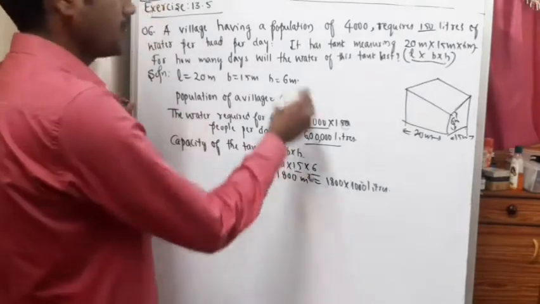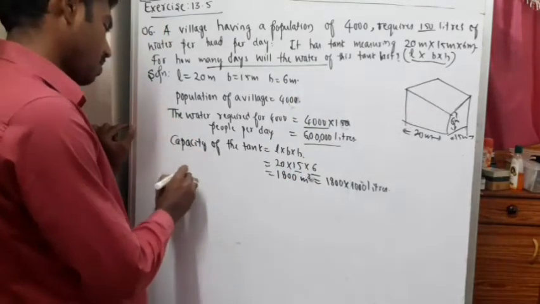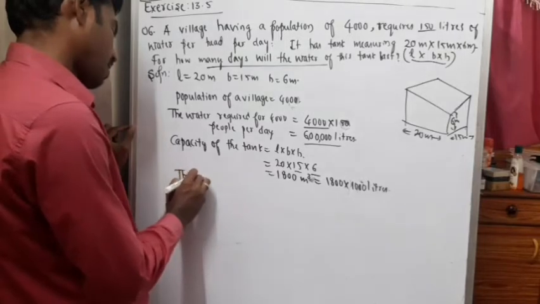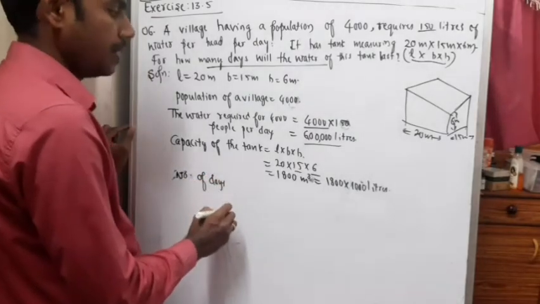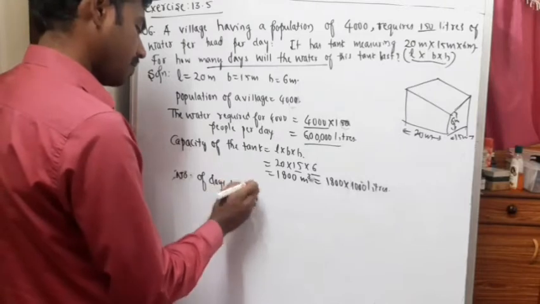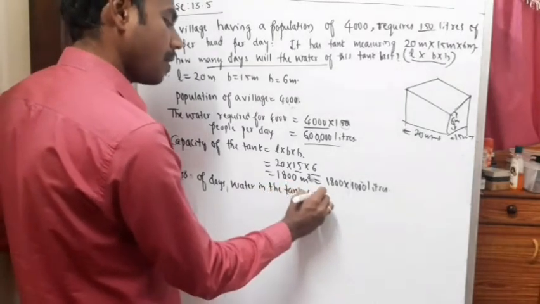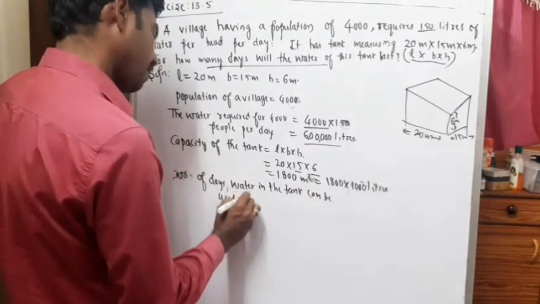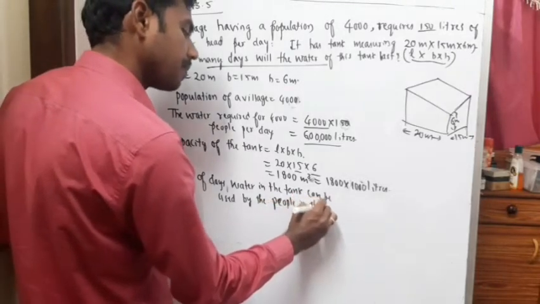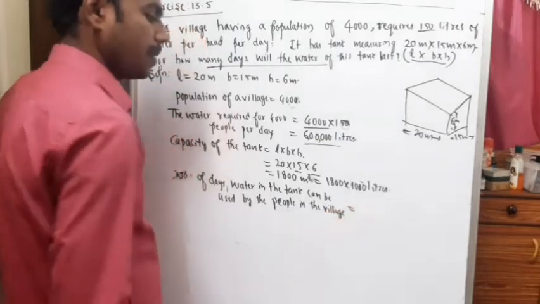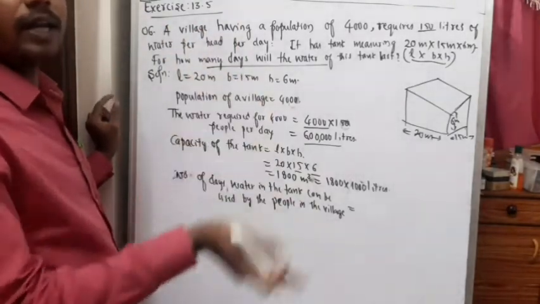So now what is the question? The number of days the water in the tank can be used by the people in the village is equal to the capacity of the tank divided by the water required per day.